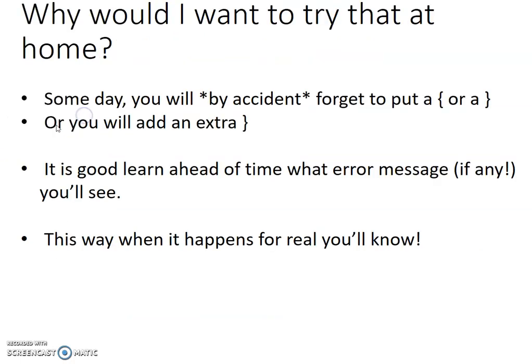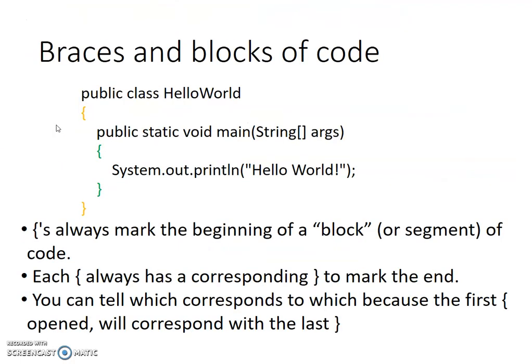We always have an opening brace, which gives us the beginning of the block of code, and a closing brace at the end. Notice this one doesn't correspond with this one. Whenever I have an open, I have to have a close, but the most immediate close goes with the most adjacent open. So this one matches this, and this one matches this.